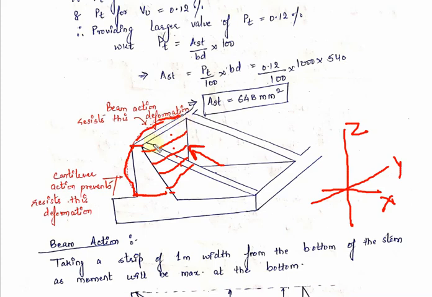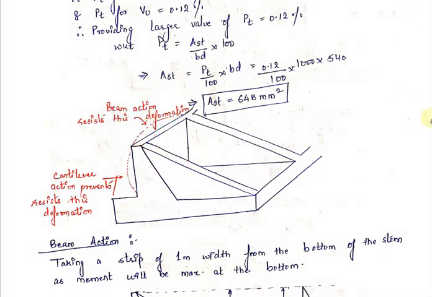Therefore, the beam action produced in these strips is responsible for resisting the deformation in the y direction. Therefore, we will design the stem for two actions: one will be the cantilever action and one will be the beam action. Now we will see how we analyze the stem for the cantilever action and for the beam action.